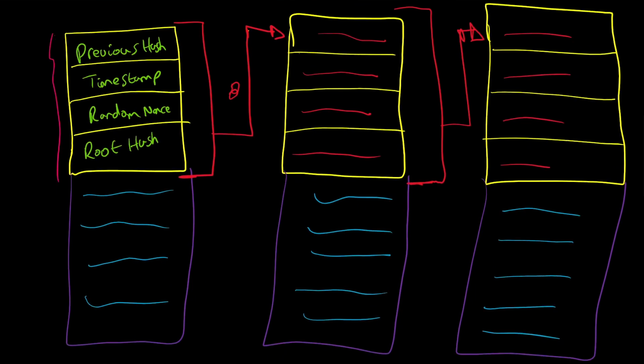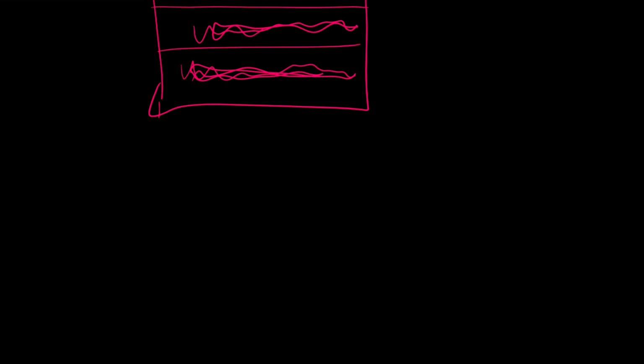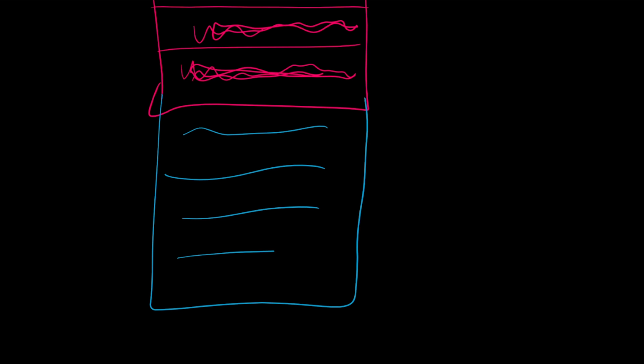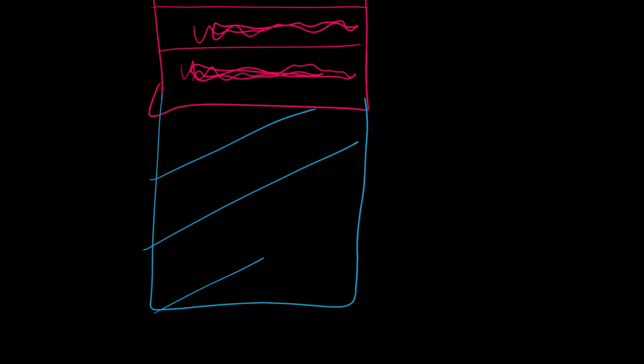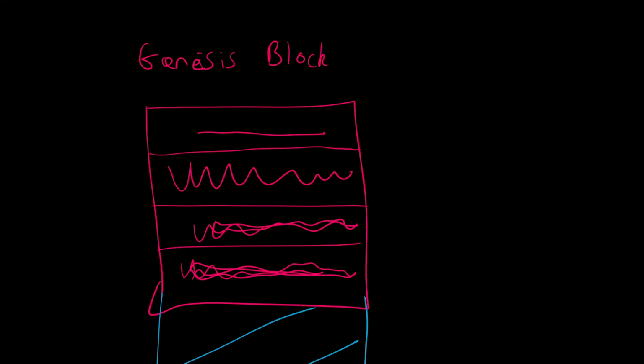The root hash has a bunch of data in there. And then, the transactions are also non-existent. So we have no transactions and this is just empty. So this is a Genesis block. This is the first block in any blockchain implementation.